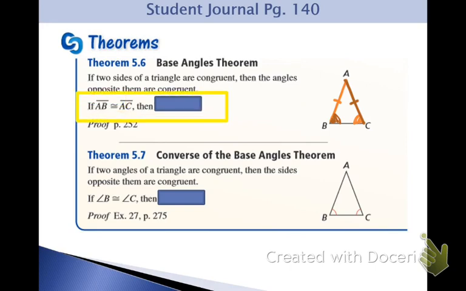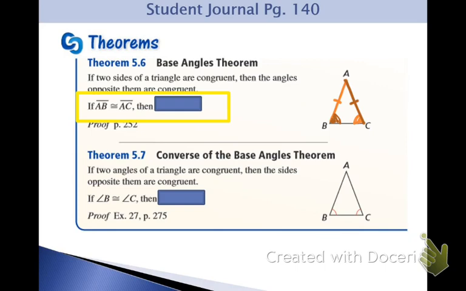So what you're going to write in, you have a blank box here, don't you? You're going to write, if side AB is congruent to side AC, then, okay, we just wrote them.